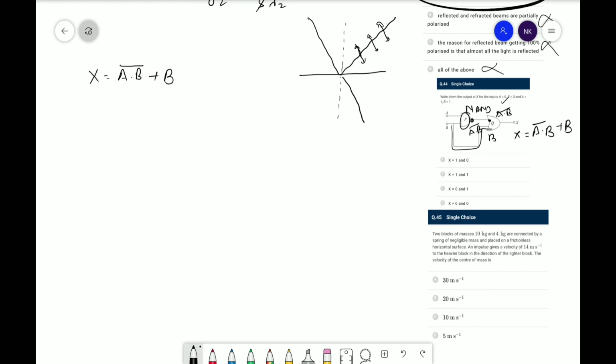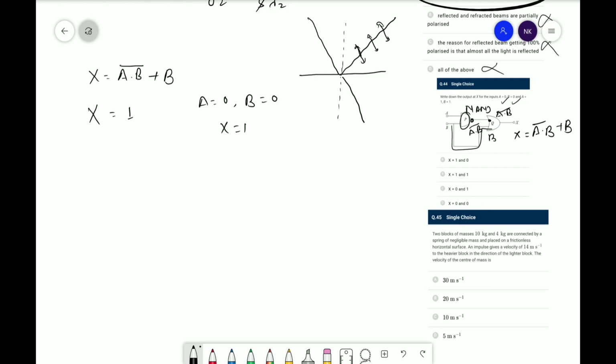If A is equal to 0, B is equal to 0, then 0, 0 gives 1, and plus B is 0. Therefore 1 plus 0 is 1. Hence A is equal to 0, B is equal to 0, then X is equal to 1.